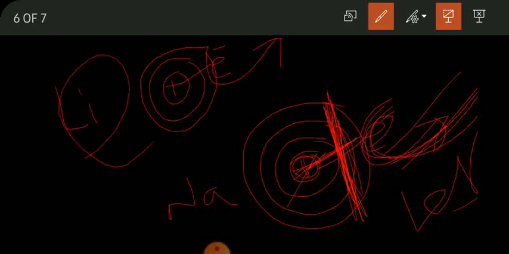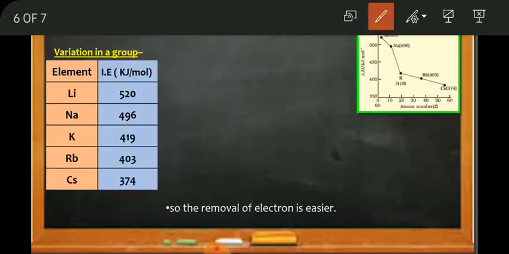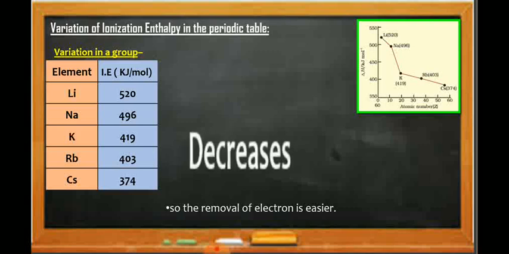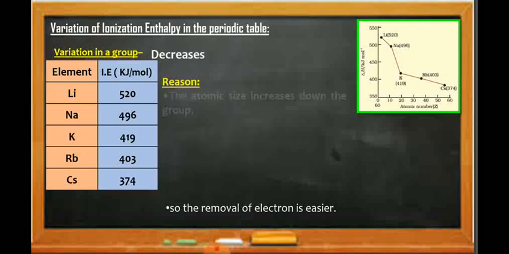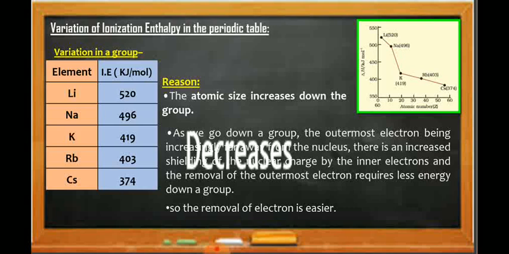In the same way, from sodium to potassium it is still less, and potassium to cesium it keeps getting less. Is that clear? Therefore when you move down, ionization enthalpy decreases.